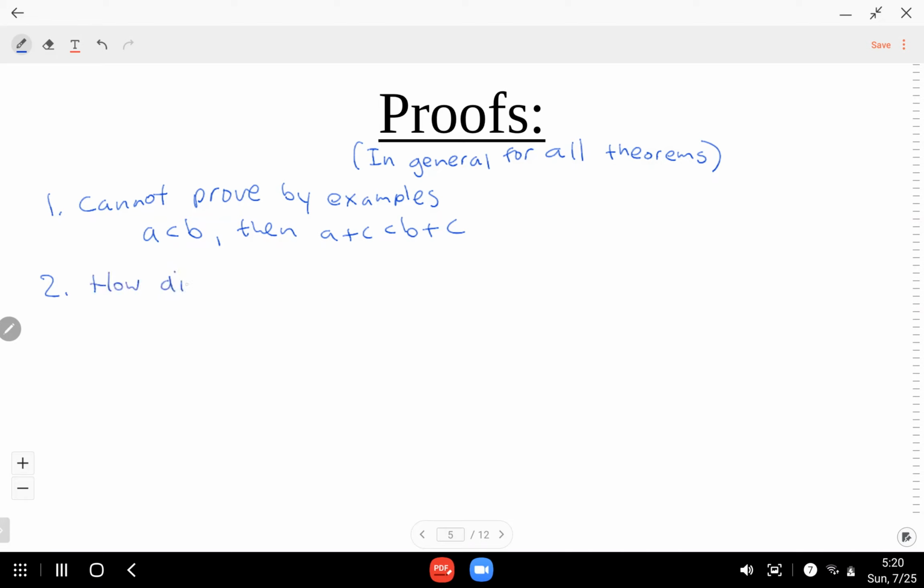So how do we disprove a statement? How to disprove a statement? Does anybody have any ideas on how we're supposed to disprove a statement?